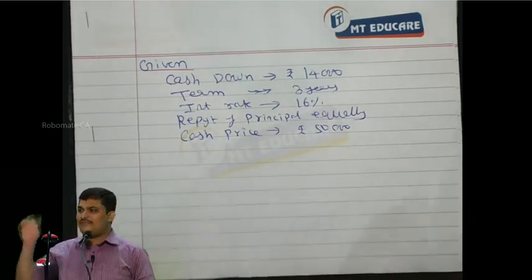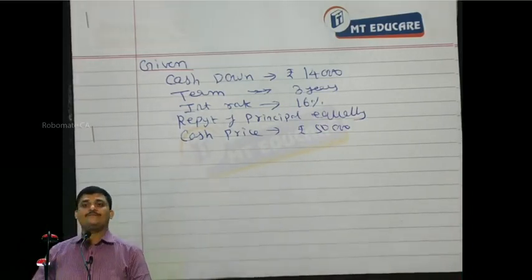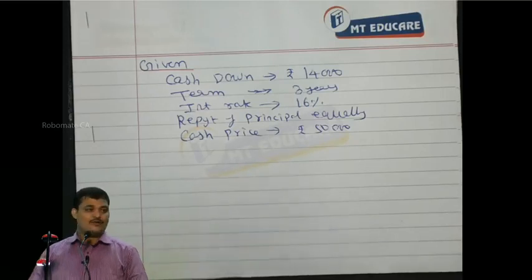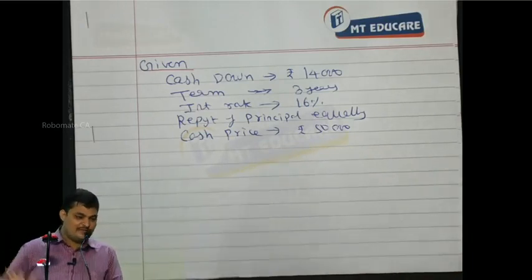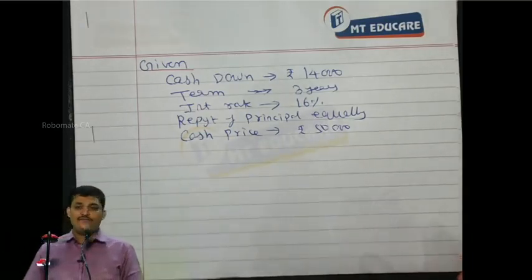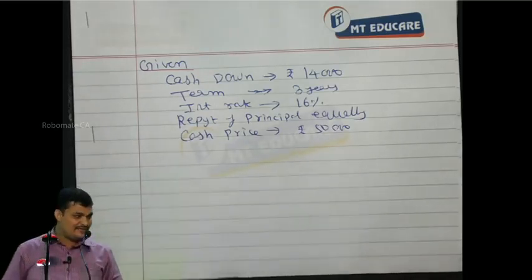Now can you visualize the first entry? What is the first entry in the books of the purchaser? Asset debit, cash price, 50,000, to bank 14,000, to hire vendor 36,000.